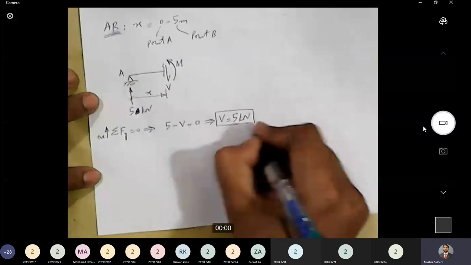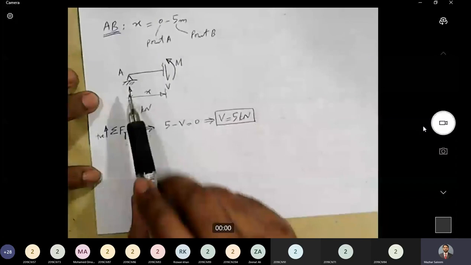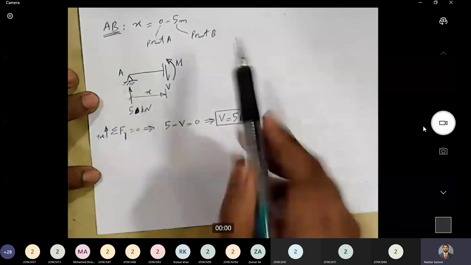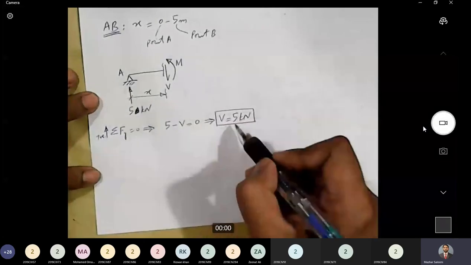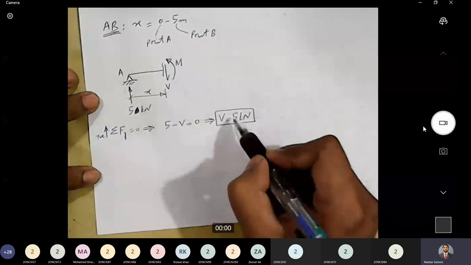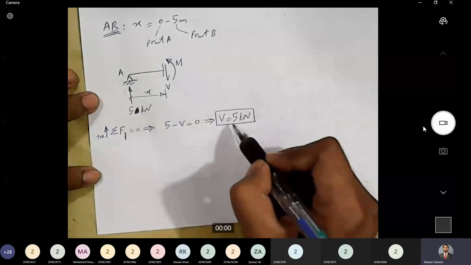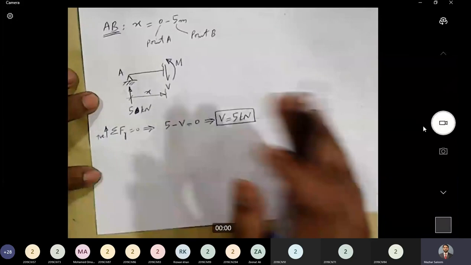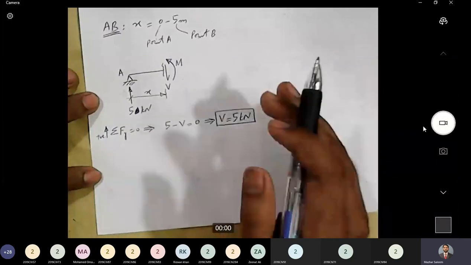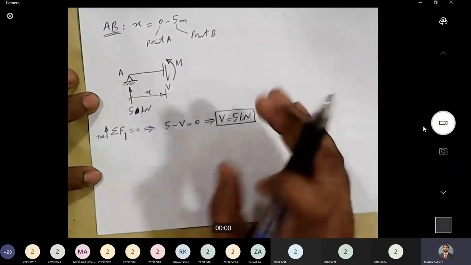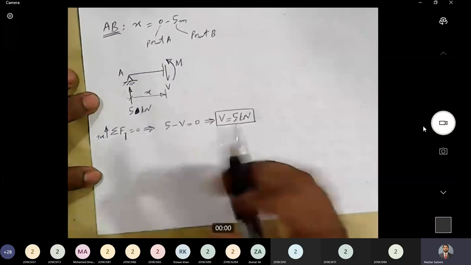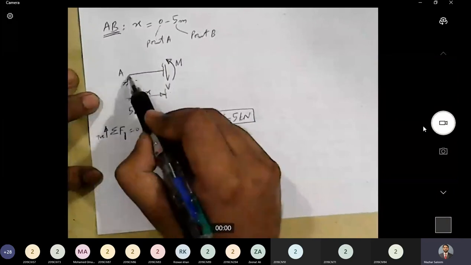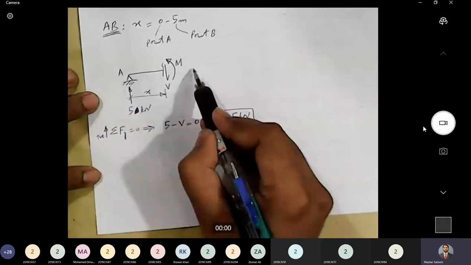So this is the shear for the portion AB, and the final answer that we have got is a constant value, it means that the shear force will remain constant for section AB. So whether we are at point A here or at point B, which is present somewhere over here.